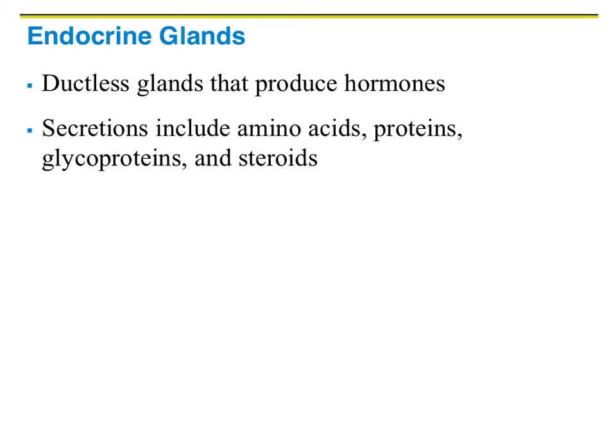Glands that secrete their product directly into the extracellular space are known as endocrine glands. They're often referred to as ductless glands. Endocrine glands secrete hormones, amino acids, proteins, glycoproteins, and steroids.